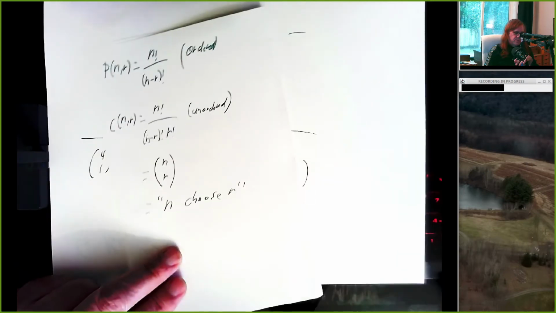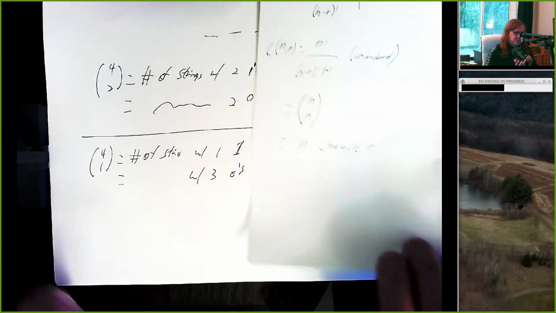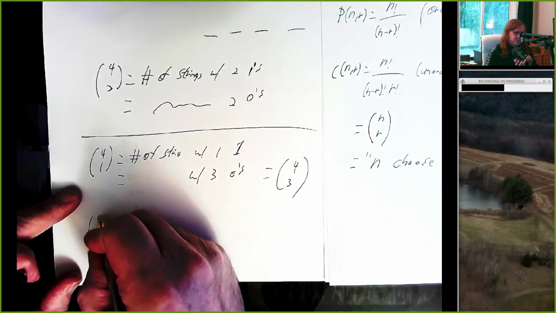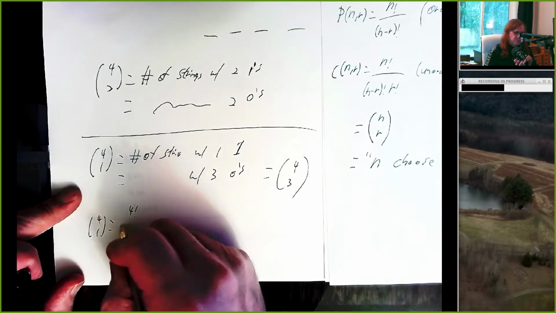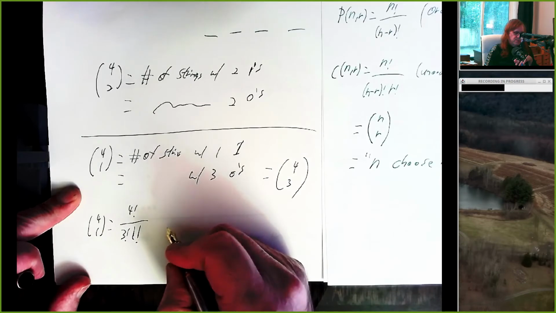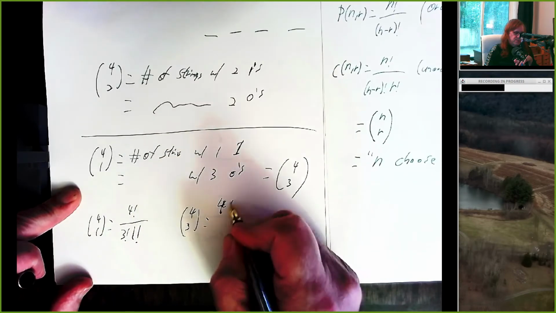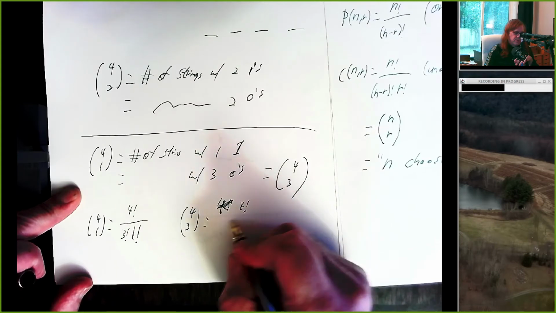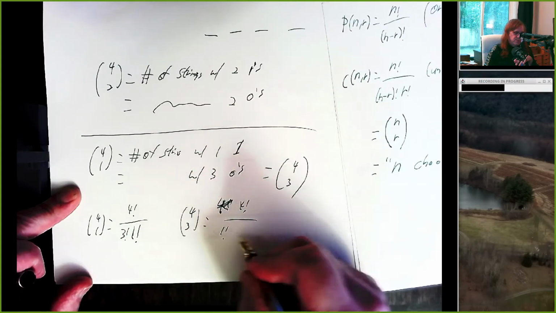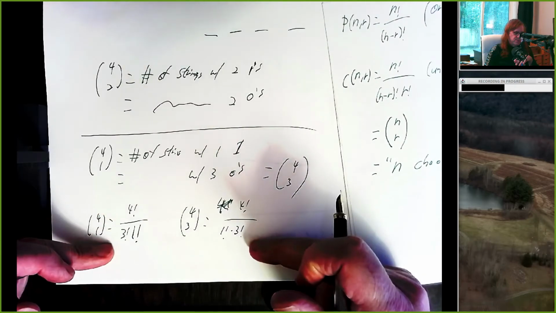And if I look at my formula here, this is not surprising. What is 4 choose 1? It's 4 factorial over 3 factorial times 1 factorial. If I look at 4 choose 3, that's 4 factorial over 4 minus 3, which is 1 factorial, times 3 factorial. Well, these are exactly the same thing.